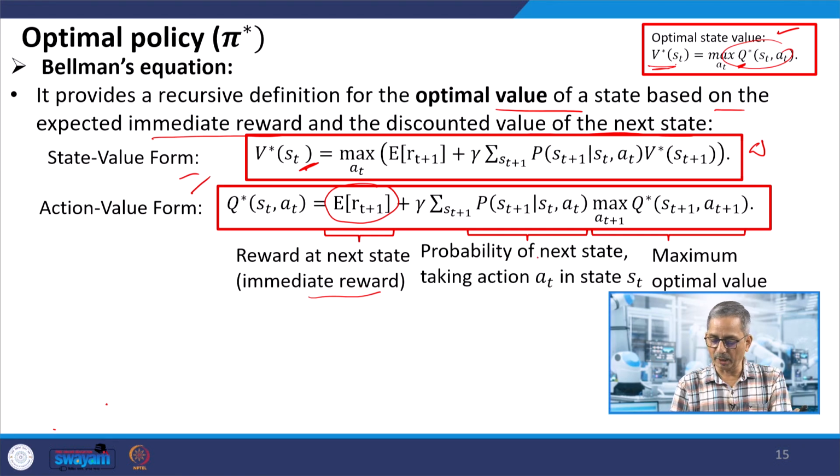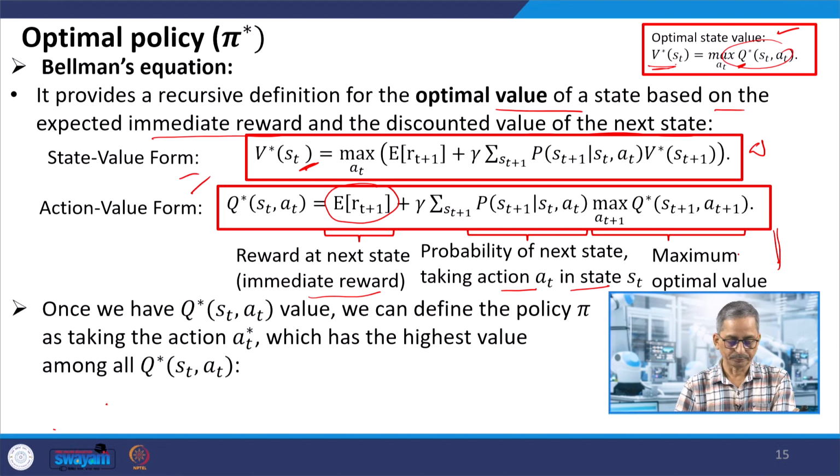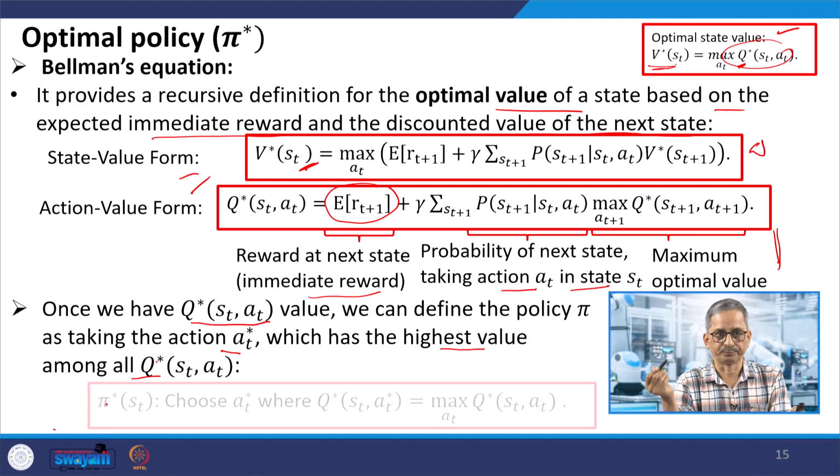This term is the probability of the next state taking action AT in state ST, and this value is the maximum optimal value. Now, once we have the Q star value, we can define the policy as taking the action AT star which has the highest value among all the Q star.